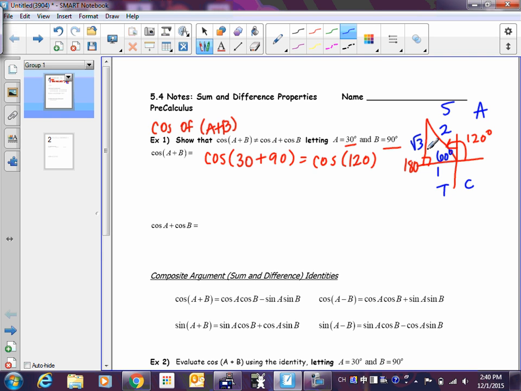In the second quadrant, is cosine positive or negative? Negative, because sine is positive in the second quadrant. Now we need to think about adjacent over hypotenuse. The adjacent would be 1, and the hypotenuse would be 2. So negative 1/2 is the answer to that part.